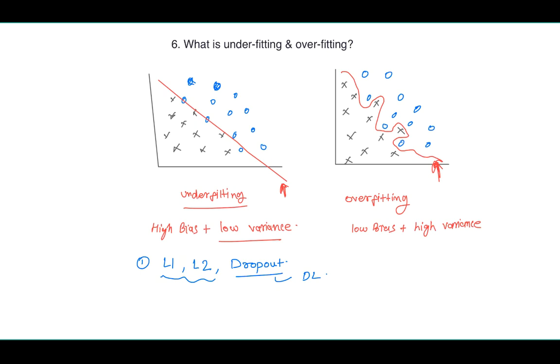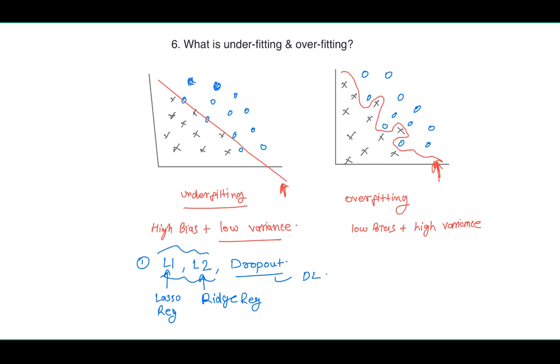So L1 and L2 regularization. L1 regularization is also known as lasso regression, and L2 is known as ridge regression. Okay, so this is lasso regression and this is ridge regression as well.